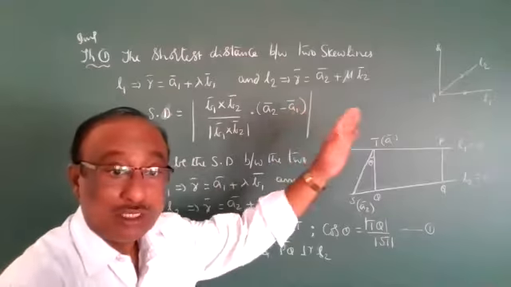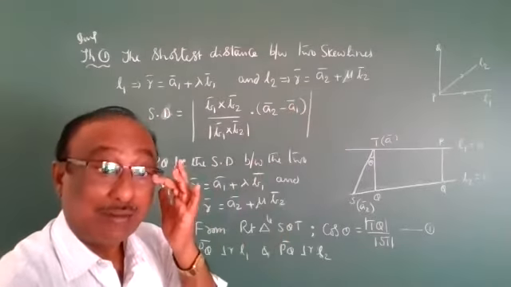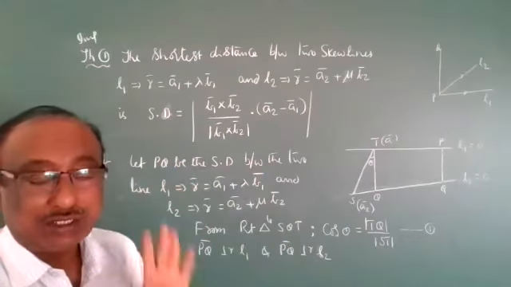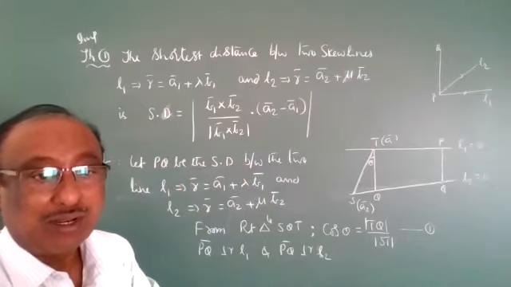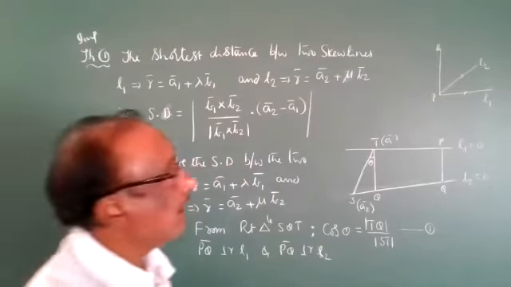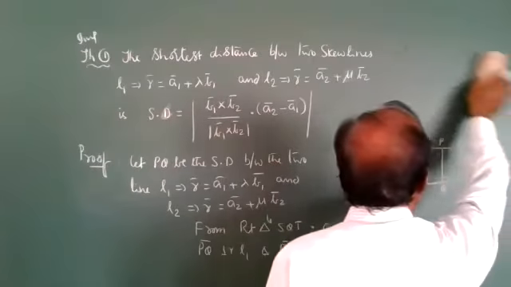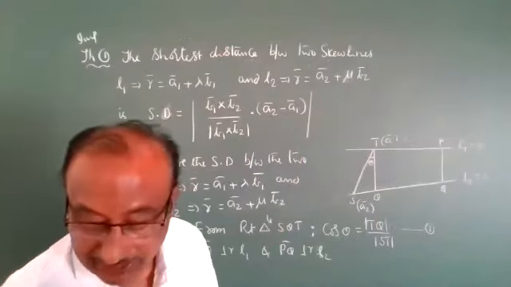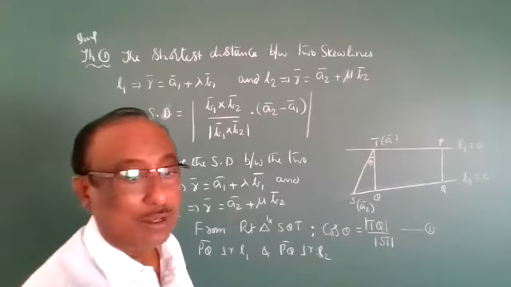Because PQ coincides with the y-axis, therefore cross product. What is the direction for this one? n cap is required, so n cap is giving the direction of PQ.